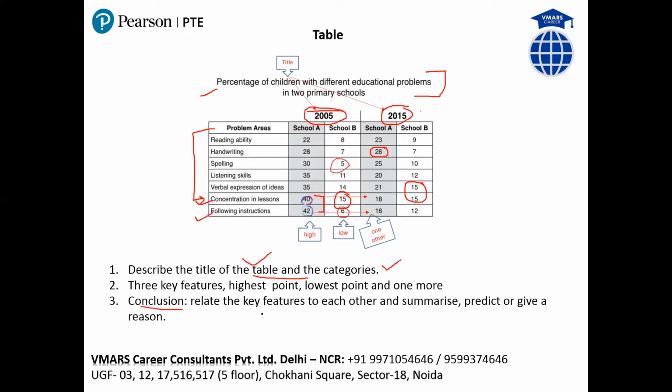If I observe everything, what I could observe is that concentration in lessons is high here, high here, high here at least, and high here also. So you can say overall, or to conclude, it can be seen that concentration in lessons is a major problem throughout 2005 and 2015. So this also you can use.